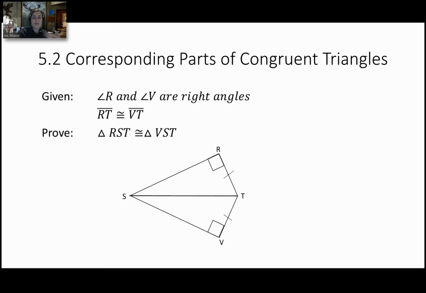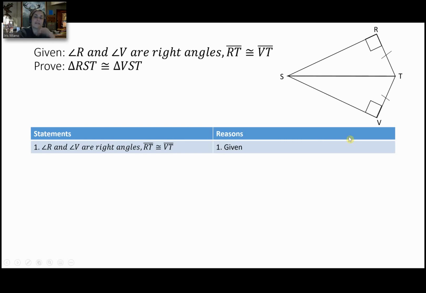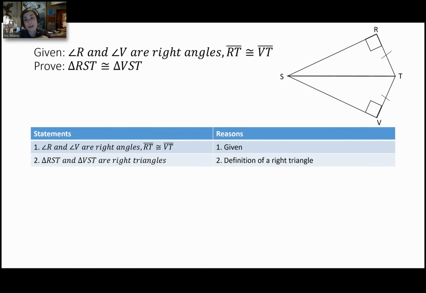So that's going to help move along our HL proof in order to eventually prove that these 2 triangles are indeed congruent. Watch this. So obviously dump, at least in part, your given information into the first statement and say that it's given. From there, categorize these 2 triangles as being right triangles.